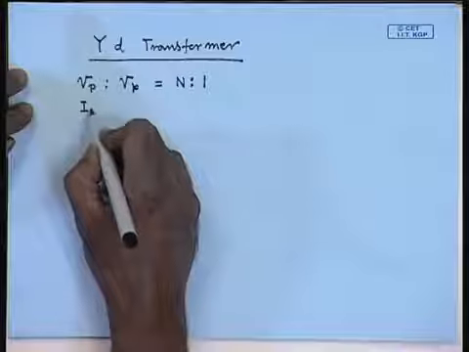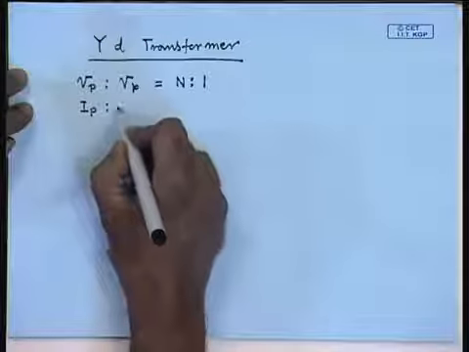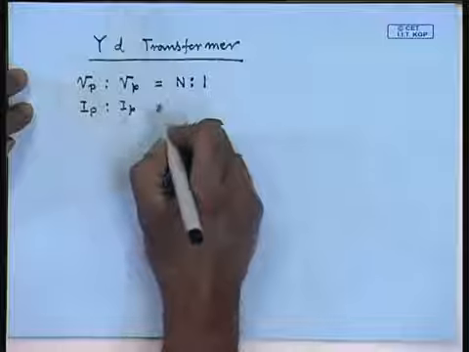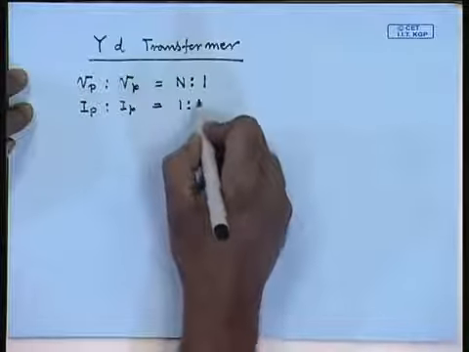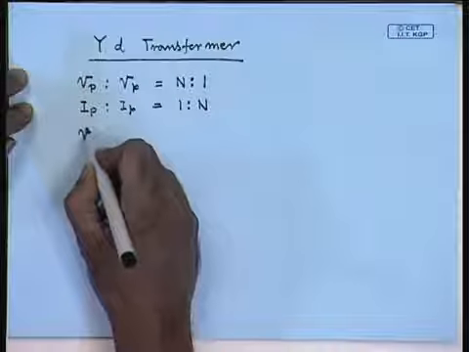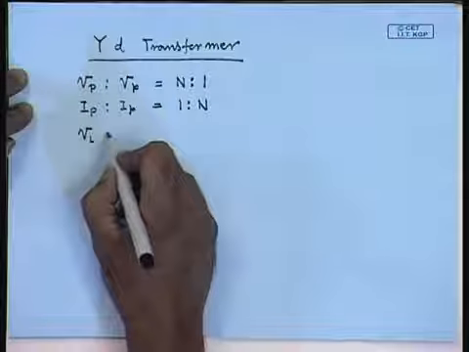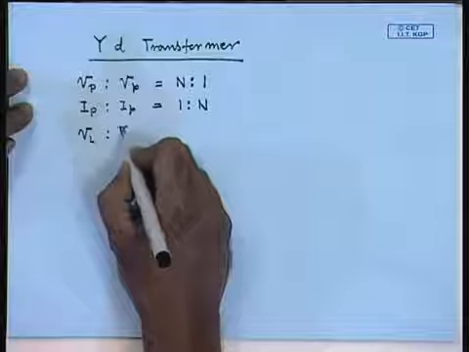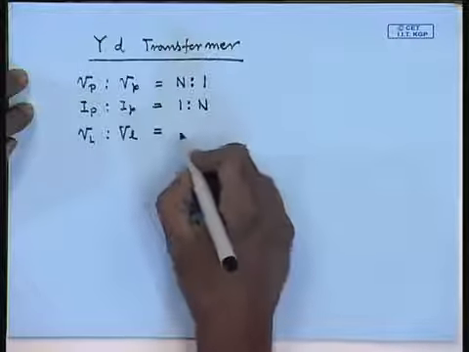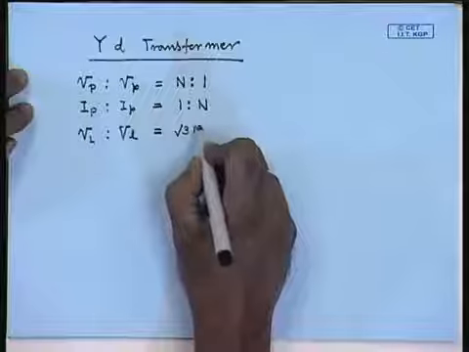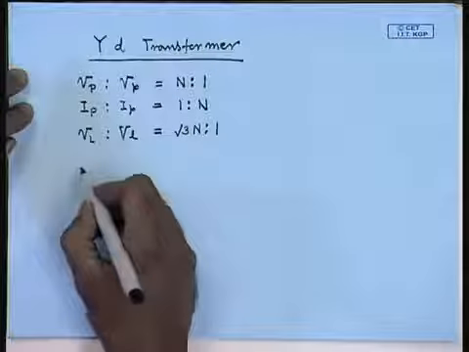I phase on the high voltage side is to I phase on the low voltage side, this is equal to 1 is to N. V line on the high voltage side is to V line on the low voltage side equal to root 3 N is to 1.